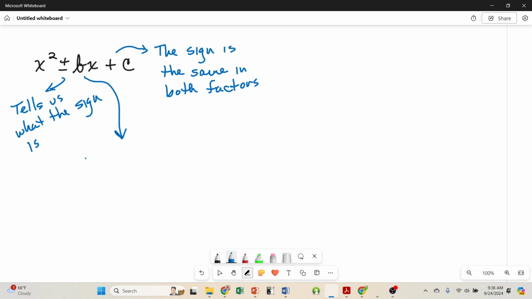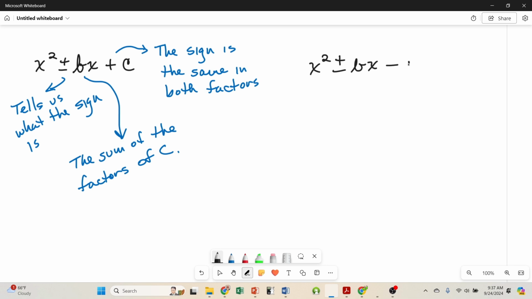B is the sum of the factors of C, the two numbers that multiply together to make C. So that tells us the sum of those. If we have minus C, this tells us the signs are different.